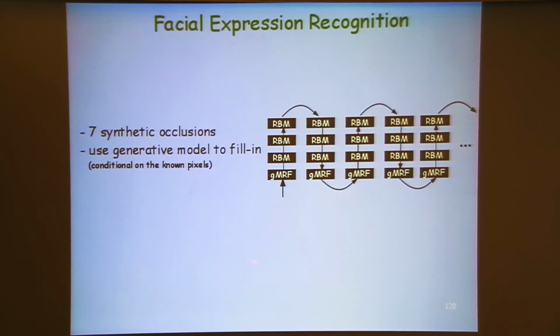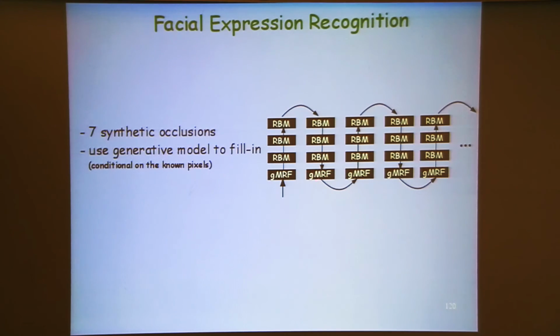But what is cool about this is that you can use the generation ability of the model to cope with occlusion. So let's say that the input image has some part that is occluded, and let's assume that you know which part is occluded. Now what you can do to extract the features is you go up, as you did before, to extract the features, and then you go down to generate.